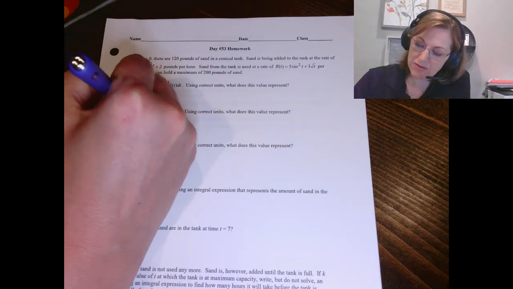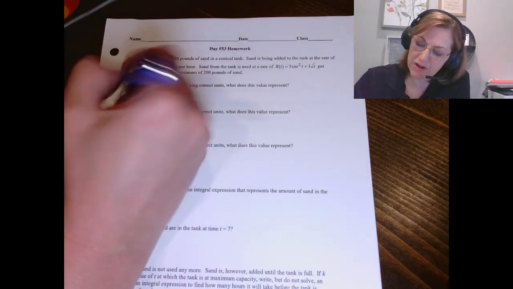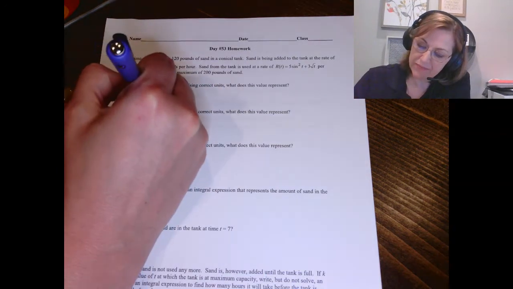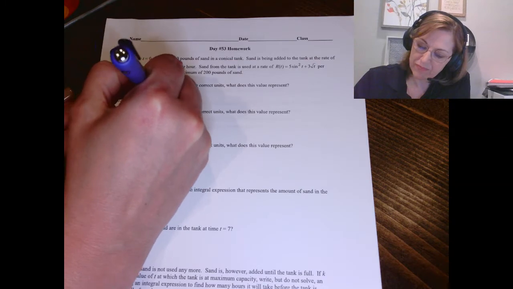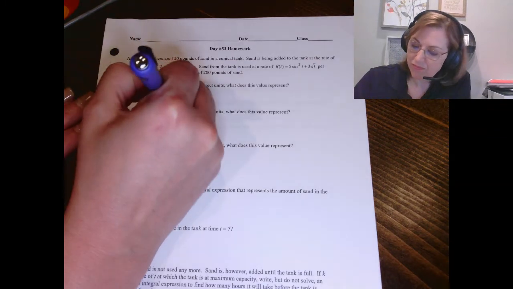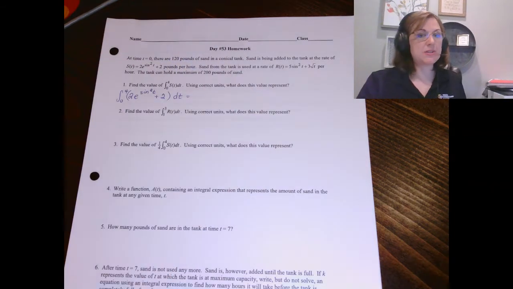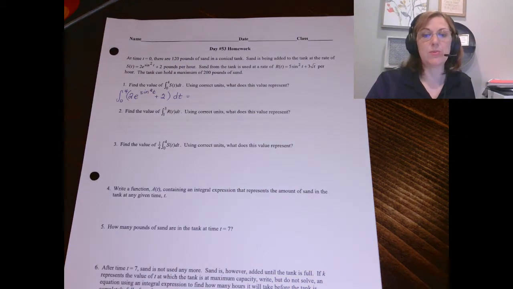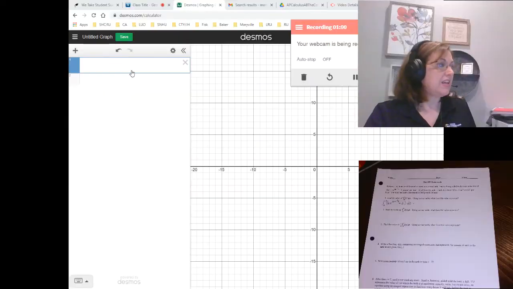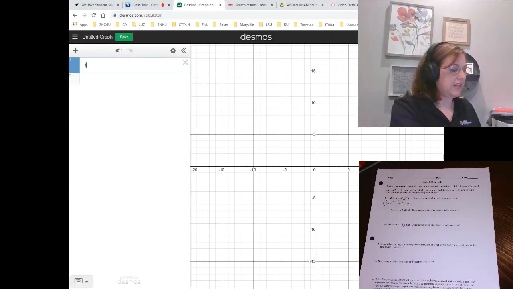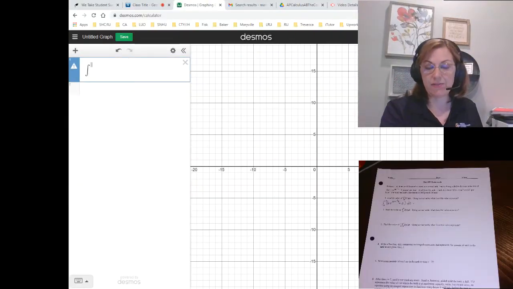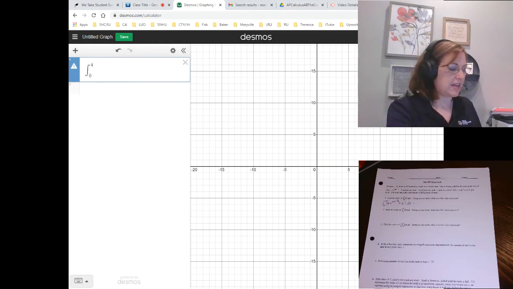So if we use the integral from 0 to 4 of S of t, I'm going to switch us over to Desmos so we can type in this integral. If you are using the TI-84, no worries. You can do the same calculations on the TI-84.